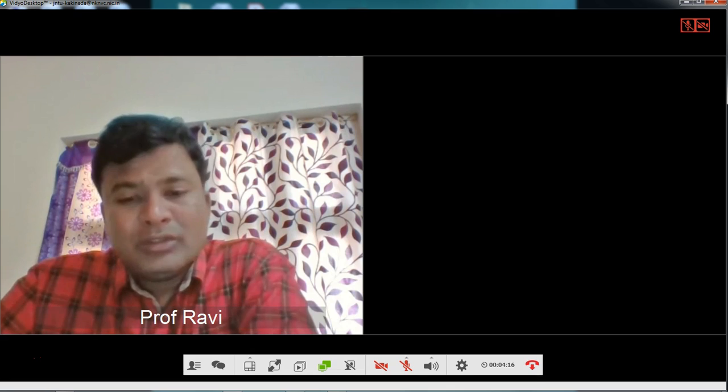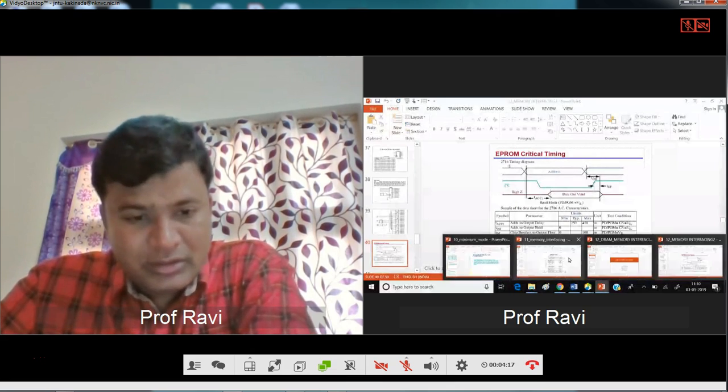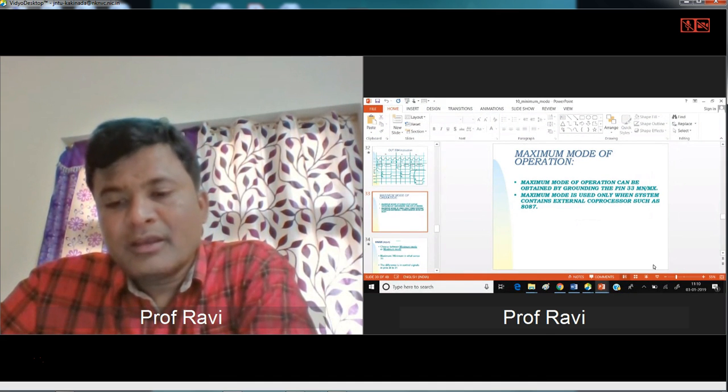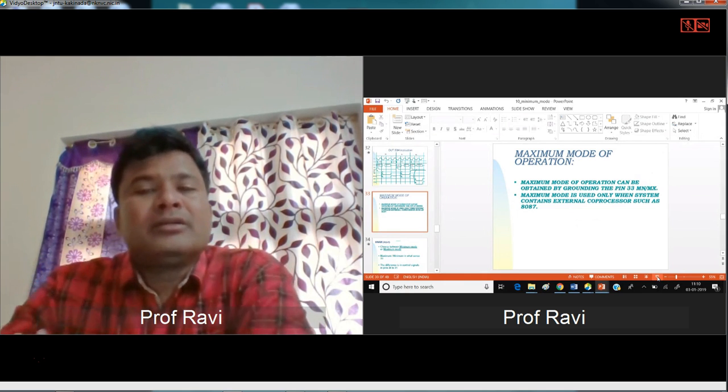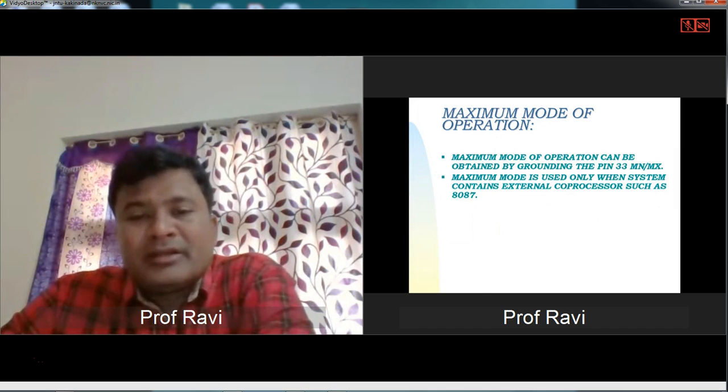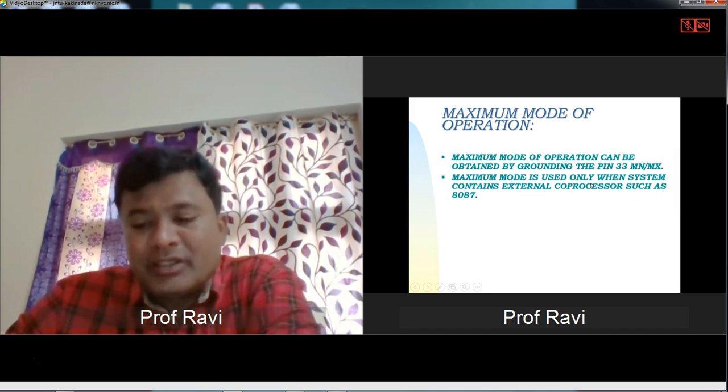So as we said in the last class, when the 8086 33rd pin is connected to VCC, it works in minimum mode, and the maximum mode of operation can be obtained by connecting this 33rd pin to the ground.